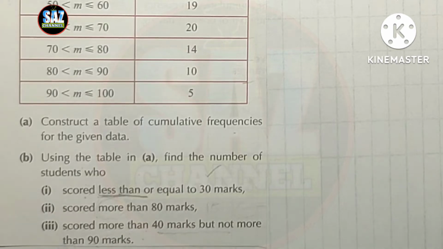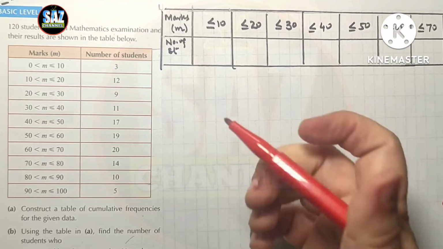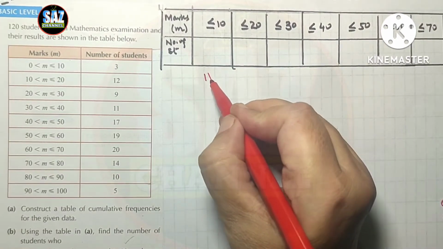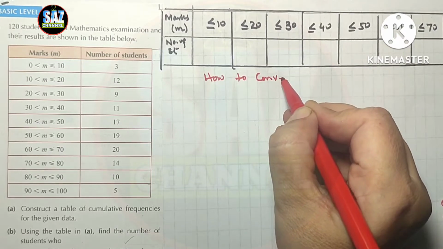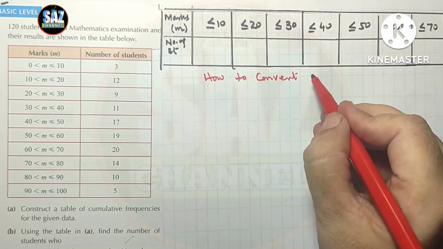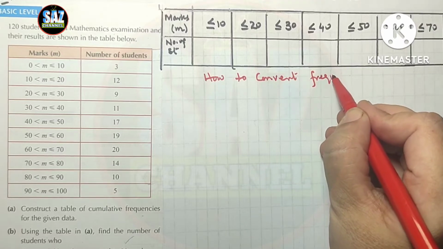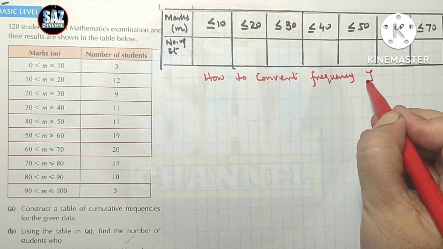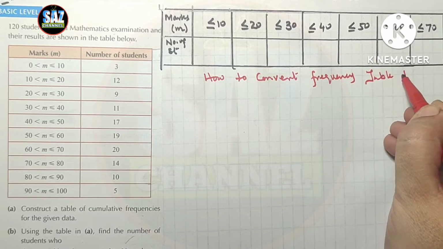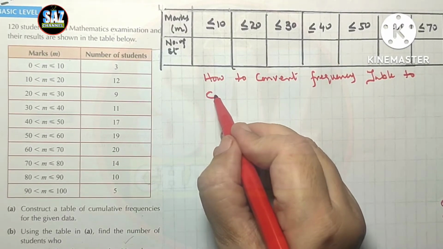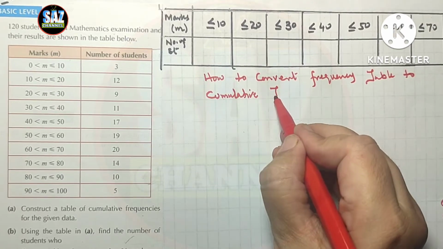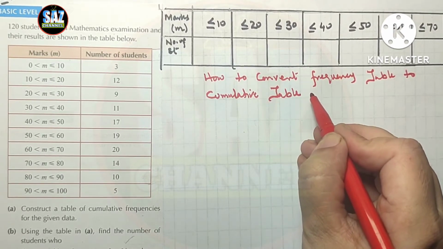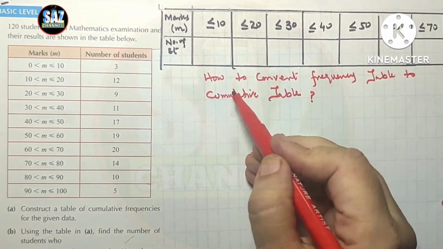Here the task of today's class is how to convert a frequency table to a cumulative frequency table.